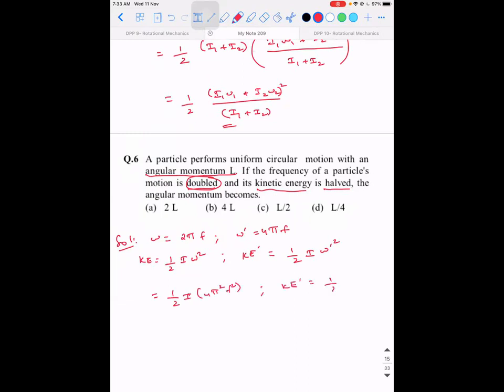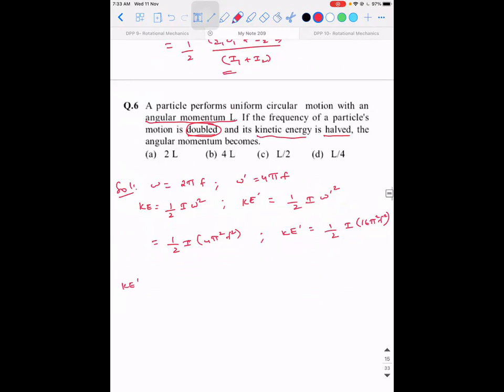Final kinetic energy will be half I into 16 pi square f square. They told kinetic energy is half. So KE dash is equal to what? Okay, now this is not going to work, because we need to relate the kinetic energy and the angular momentum. I gave you a formula. What is it?